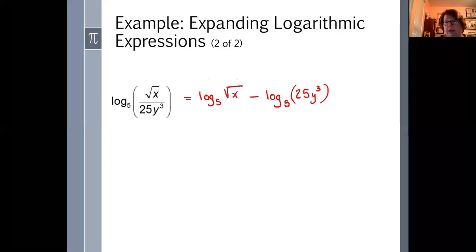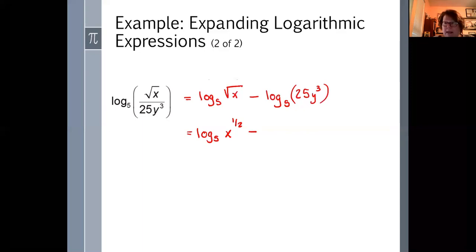Now I probably would like to expand this a little further. I can certainly write the square root of x as x to the 1/2 power. So I'm going to do that. All right, so the second expression that I'm subtracting here, I can actually expand that also because it's a product. And so I'm going to do that.